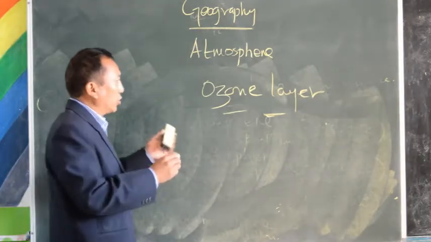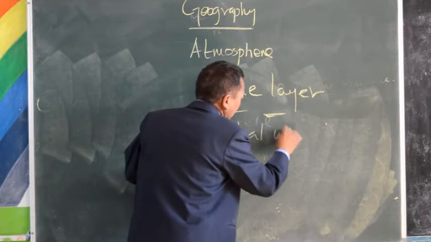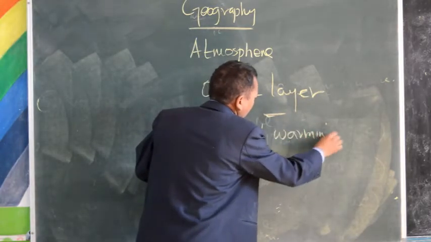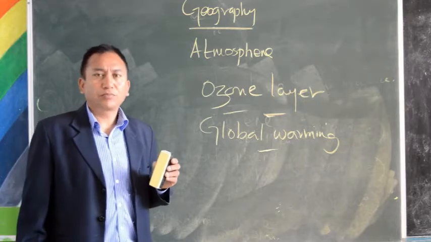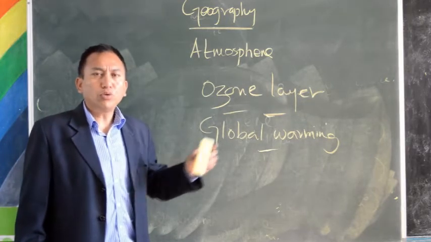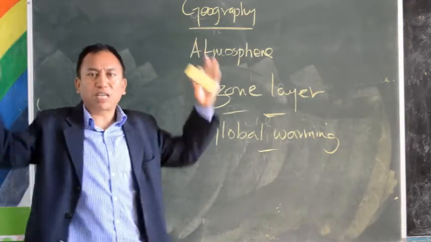Now, further, after the ozone, let's see what is global warming. Global warming is the increase in the Earth's temperature due to the toxic gas that's constantly released in the Earth's atmosphere.